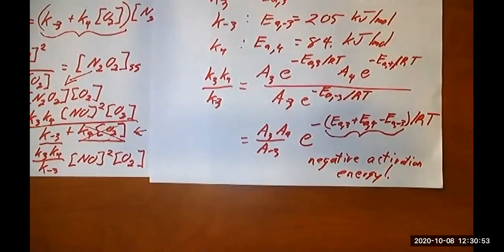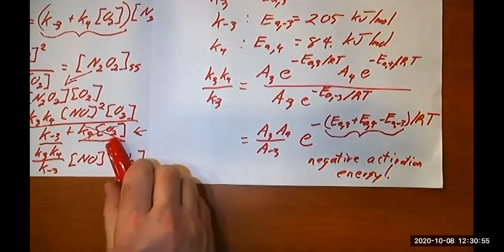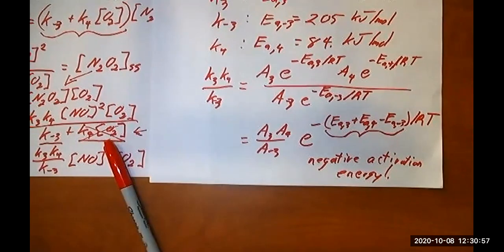So if we have a negative activation energy, what does that say about the speed of the reaction as we increase the temperature? Will it go up or will it go down? It'll go down, that's exactly right.